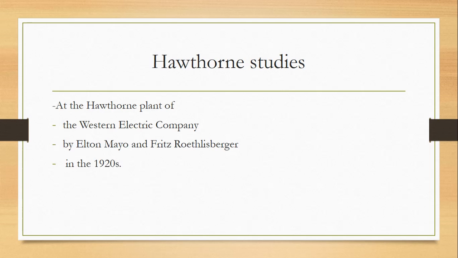These were researchers at Harvard, and they were approached so that they could find out the reason for this kind of trend, that is decreasing productivity and increasing absenteeism and turnover of employees, and also suggest some kind of a solution. So the team reached the Hawthorne plant of this company and conducted a small experiment.